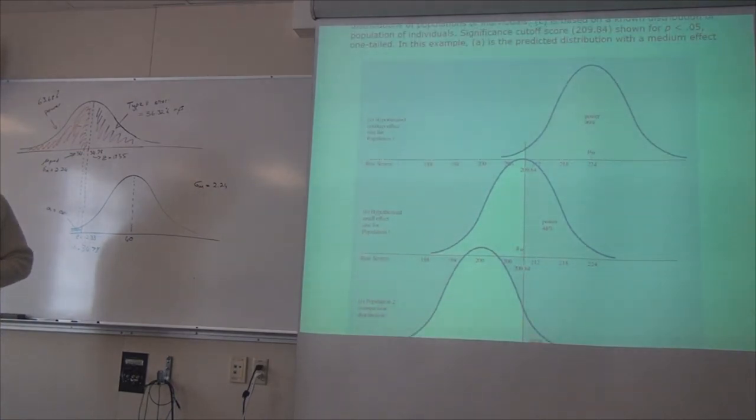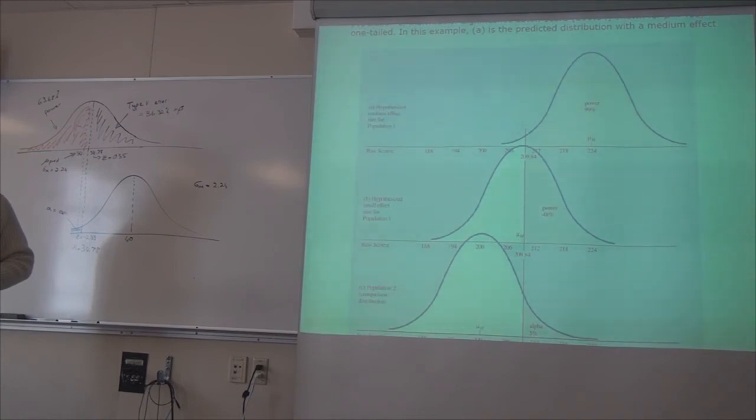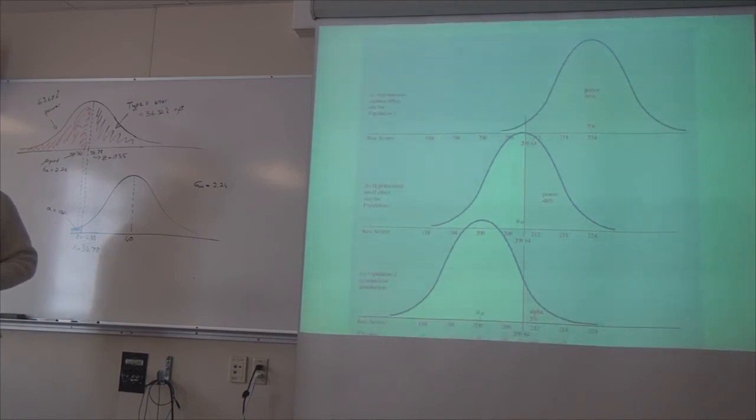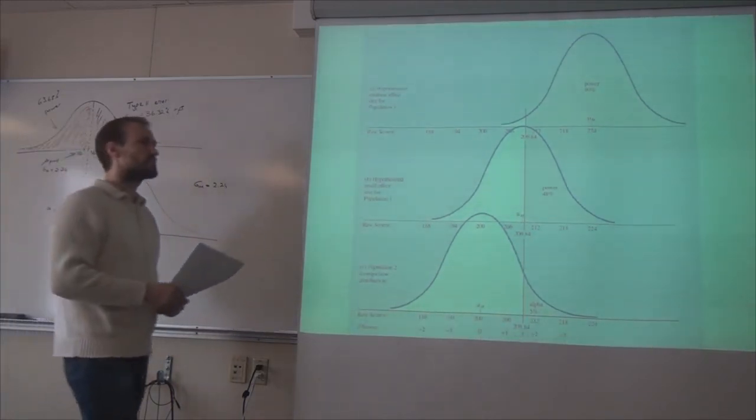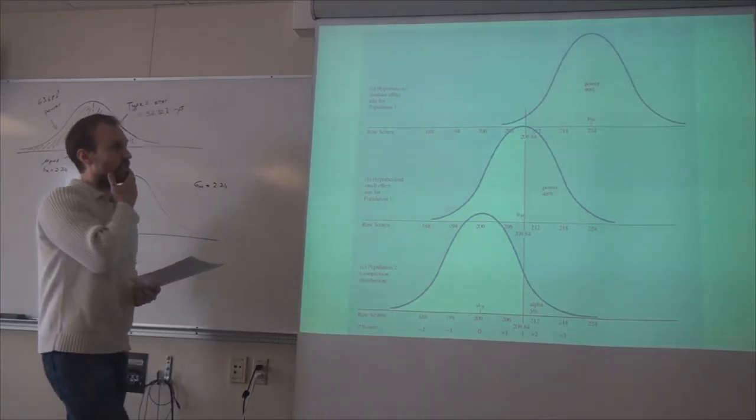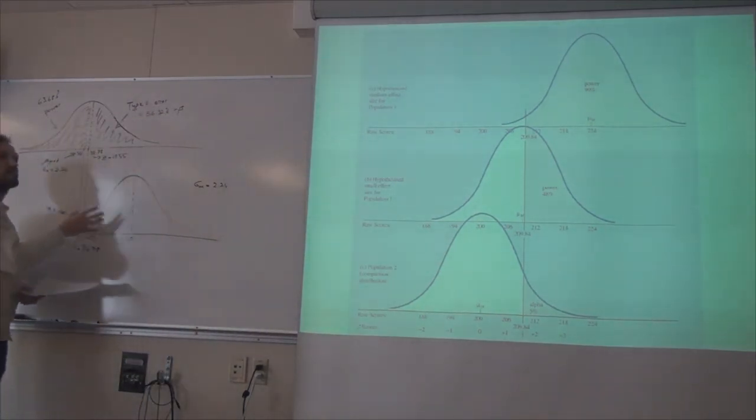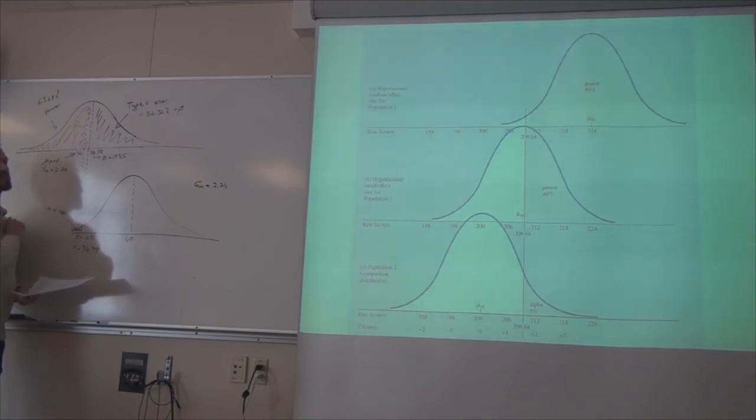This is the same as effect size. And my sample size was, I want to say 64. Was it 64? I think so. 64 sample size. Now, what is going to happen to this distribution if I increase the sample size?